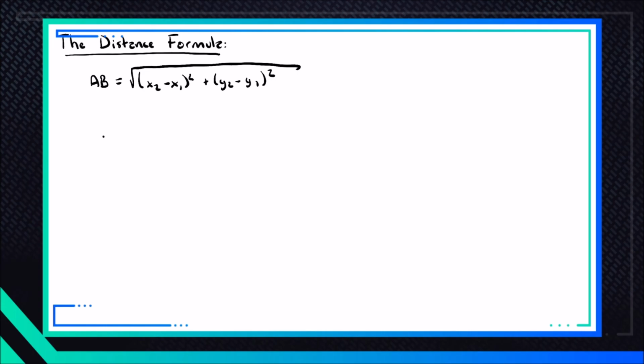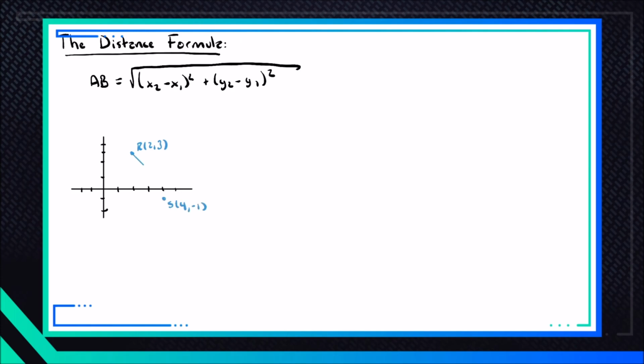And so if I were to give you a coordinate plane here with a segment in that coordinate plane, and let's say this segment is RS, and we have R at the position 2, 3, and S at the position 4, -1.